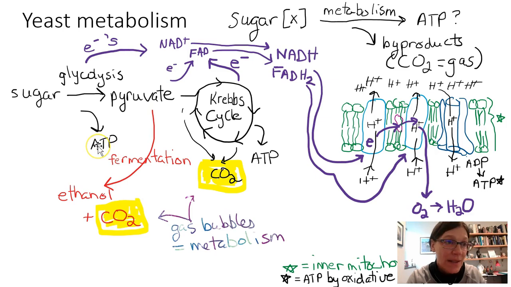And along the way, ATP is produced. And so whether yeast are doing full-on aerobic metabolism and running their Krebs cycles, or doing ethanolic fermentation, in either case, gas bubbles which contain CO2 are going to be produced. So bubbles are always evidence of metabolism.